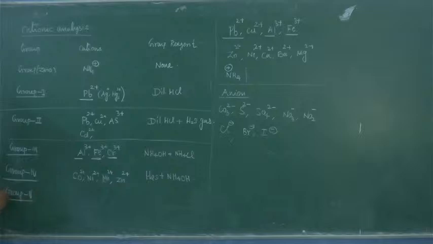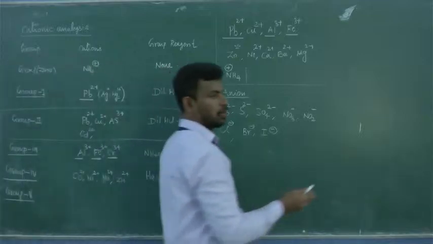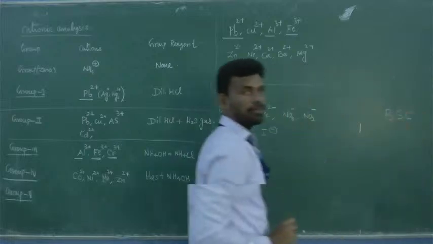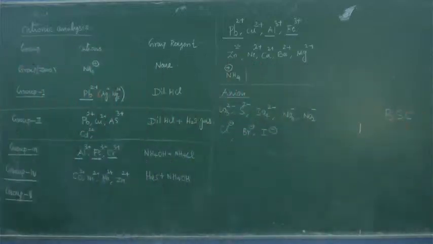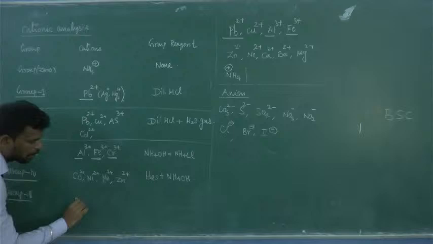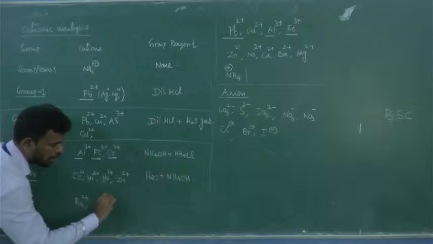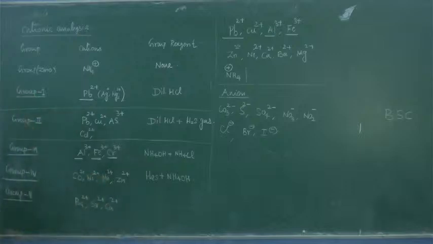Next, group 5. So I can use this mnemonic BSC. That is going to be barium 2 plus, strontium 2 plus, and calcium 2 plus.